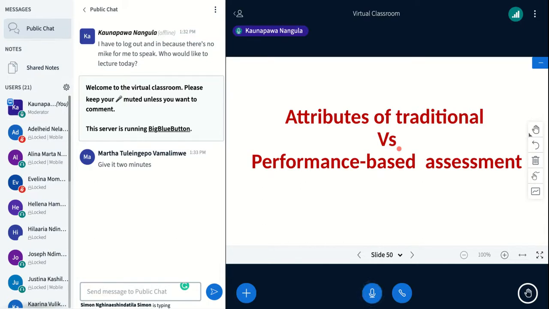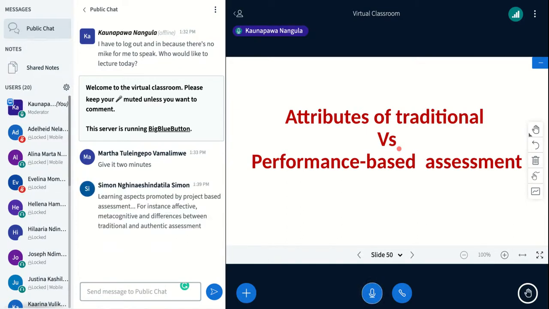We've also looked at the characteristics, the learning aspects promoted by project-based assessment in terms of the affective, cognitive, and social aspects. And the difference that Ndidi also mentioned and Simon has mentioned.